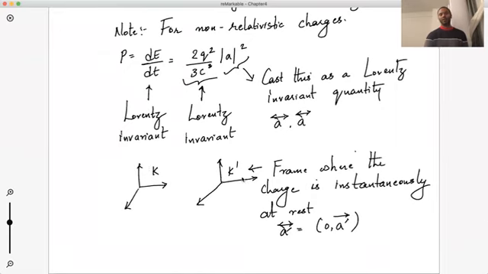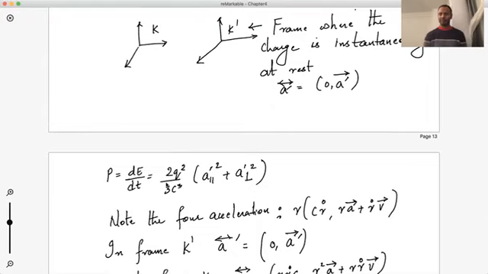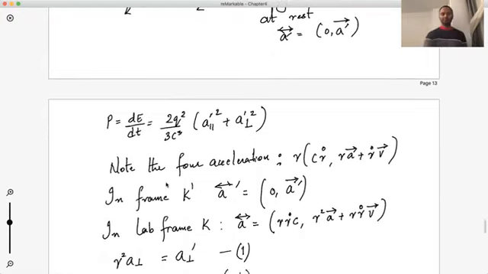So if I write out the formula for the power radiated in K prime frame, I'm just going to have the inner product of A prime with itself. And I just want to transform these primed quantities into the unprimed quantities, and then I have the formula which I want. Now, you know how to do that already, because you know how to do Lorentz transformations of 4 vectors. So let's just do it.